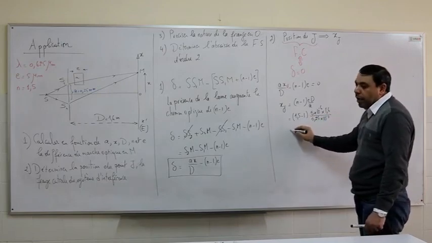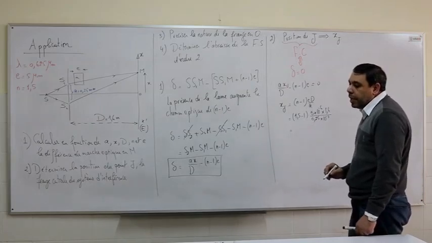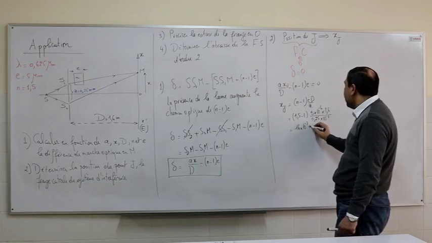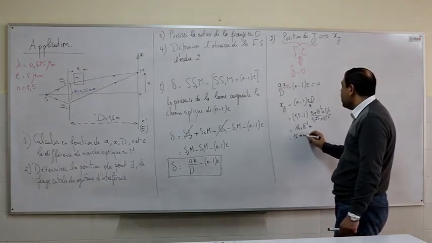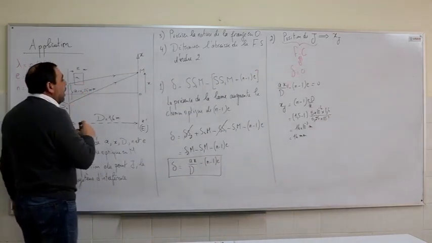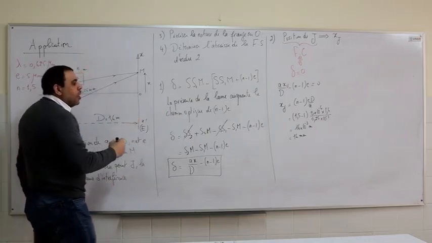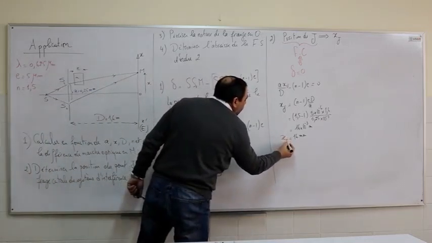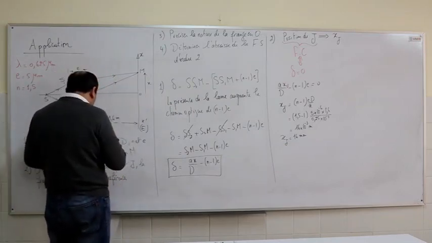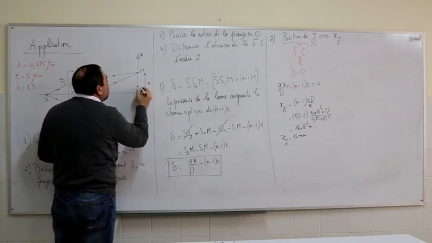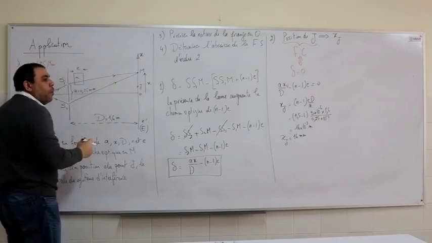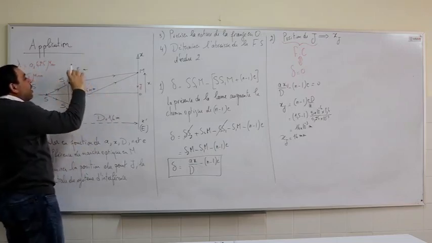And the result is 16 times 10 exponent minus 3, or 16 millimeters. The central fringe in the absence of the plate is at O. In the presence of the plate, the central fringe is at the point J of abscissa 16 millimeters. This is J, which is found here above point O, since the parallel plate covers S1.